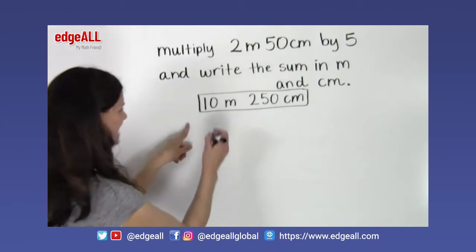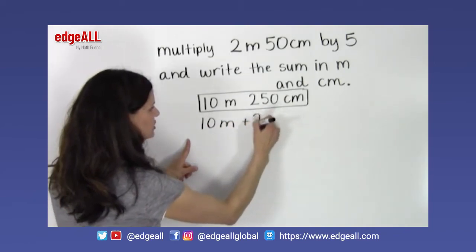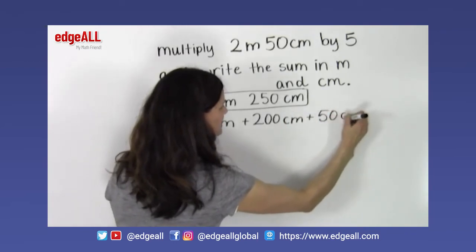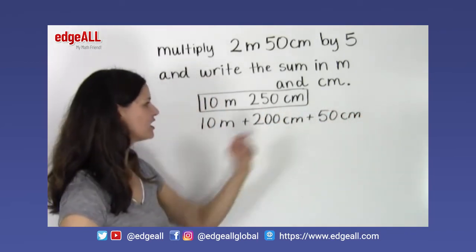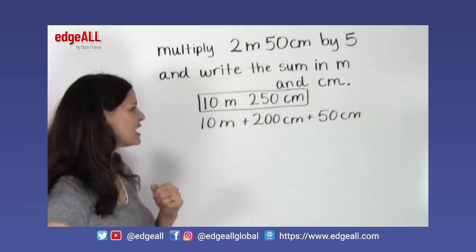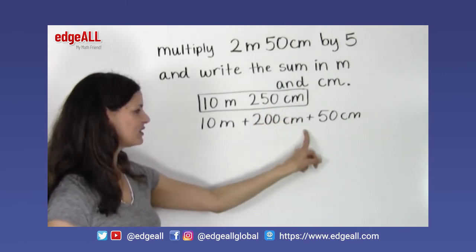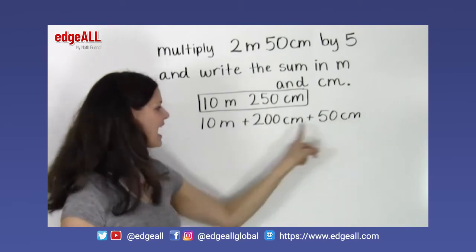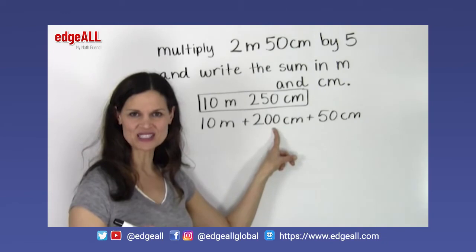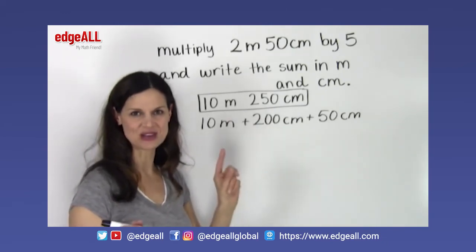So I can break this down into 10 meters plus 200 centimeters plus 50 centimeters. I'm working on converting my 250 centimeters to some of them being in the meter form. So I've broken down the 250 centimeters to 200 centimeters plus 50 centimeters. With my conversion of units, 100 centimeters equaling 1 meter, 200 centimeters equals 2 meters.